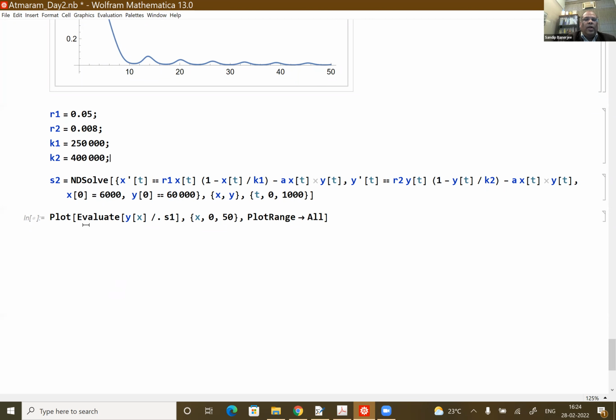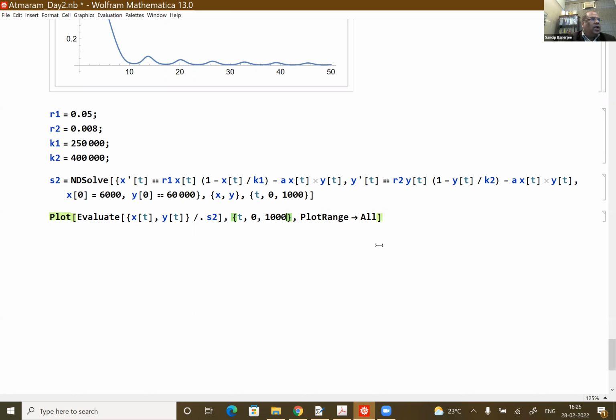And whenever plot, evaluate, so now it is Plot Evaluate of x[t] and y[t], which will be in this curly bracket, from S2, and I will vary my t from 0 to 1000 and say PlotRange All.